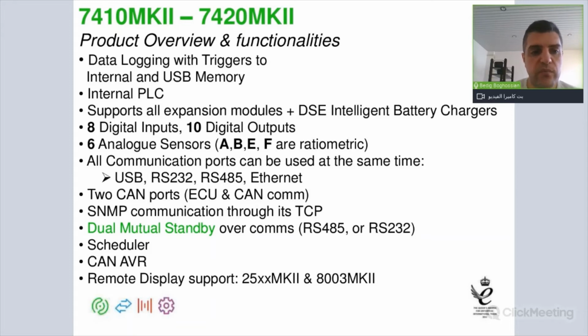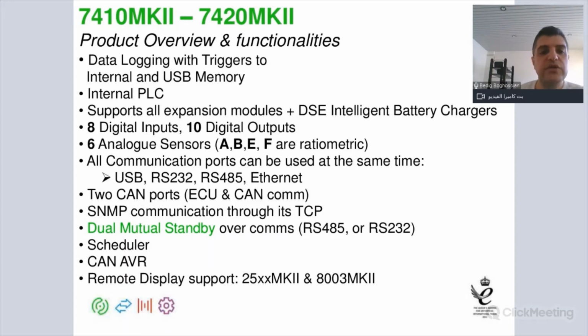The 74 Mark II is very similar to the 73, but with more additions. If you look at the points on the slide, you see that there is an additional data logging feature: the USB memory capability. You can data log onto an external USB memory, because the internal data logging memory is limited to 2.5 megabytes, I think.